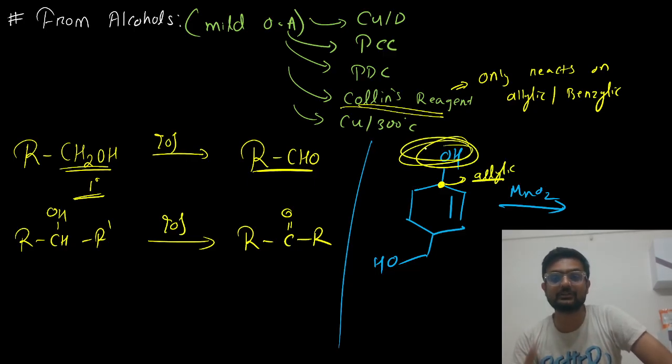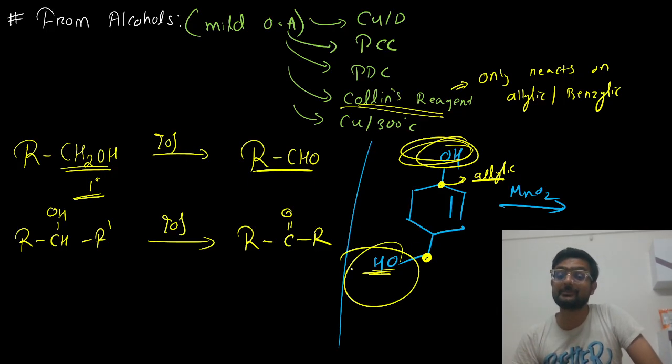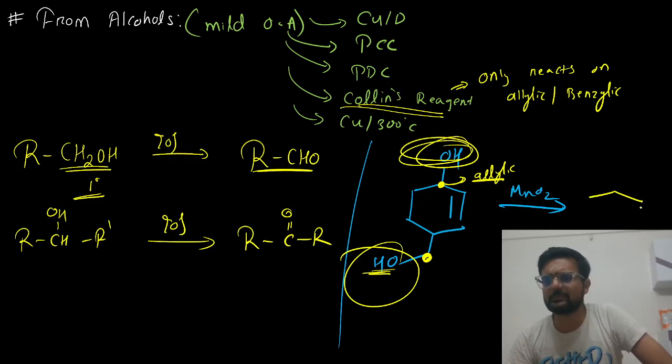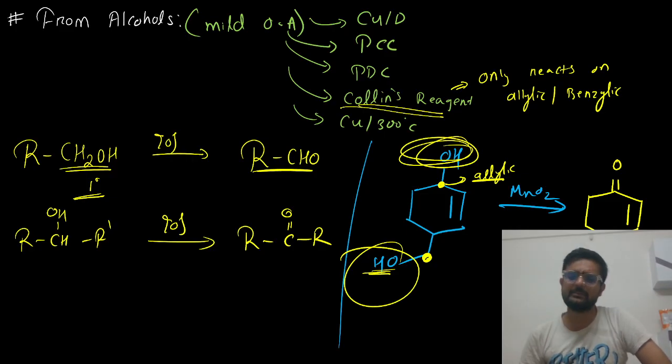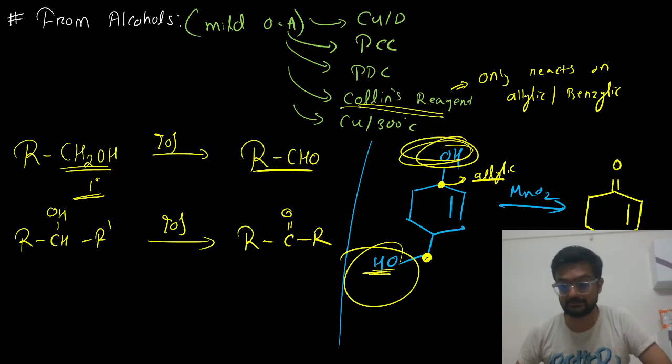So this alcohol can get oxidized. But this alcohol is not an allylic alcohol, it is attached to a carbon that is not allylic, right? So there will be no oxidation at this carbon. What will the product be here? The product will be very simple: the double bond will remain, this is converted to ketone because it is a tertiary alcohol, and this primary alcohol will remain as it is. I hope it is clear, right?